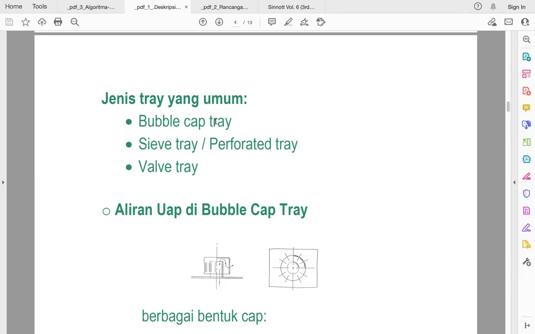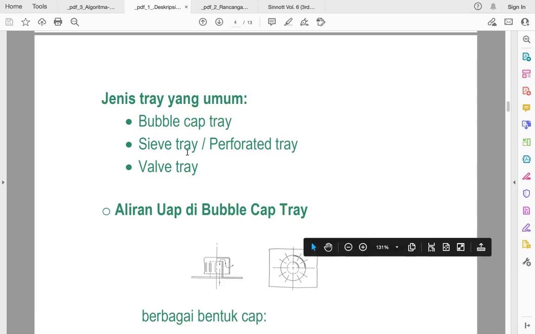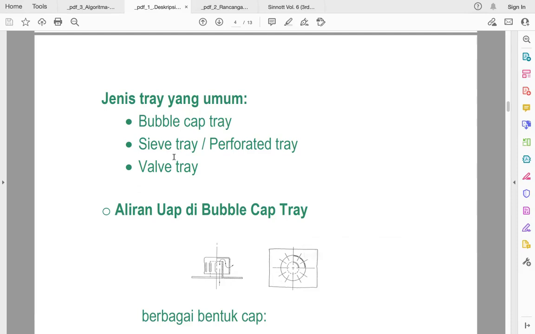A sieve tray is, I think, the cheapest one among the bubble cap and the valve tray. There is a benefit to that because it's cheap, simple, and easy to calculate.